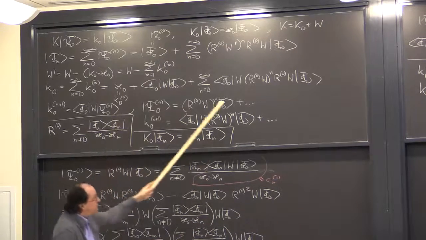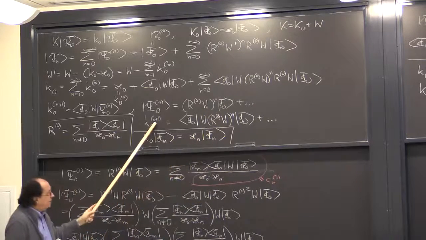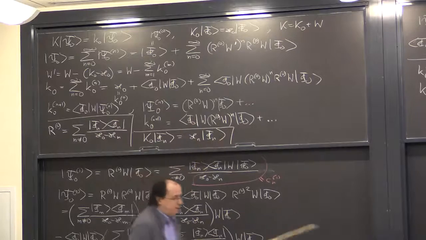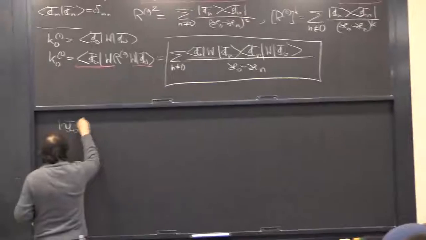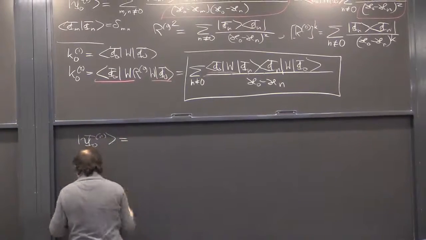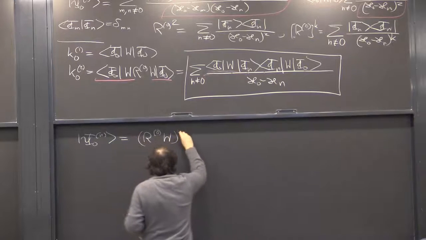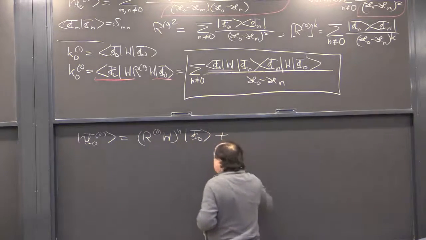We know how to generate them from this series, but of course we would like to do it even quicker. And then for the n plus first order correction to the energy, we again have this leading term and the corrections.